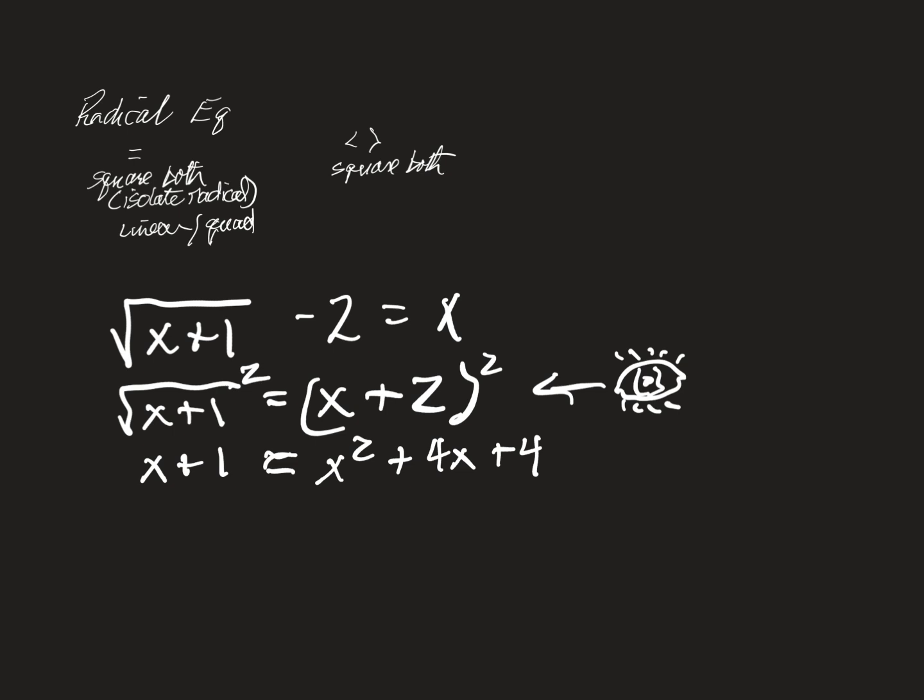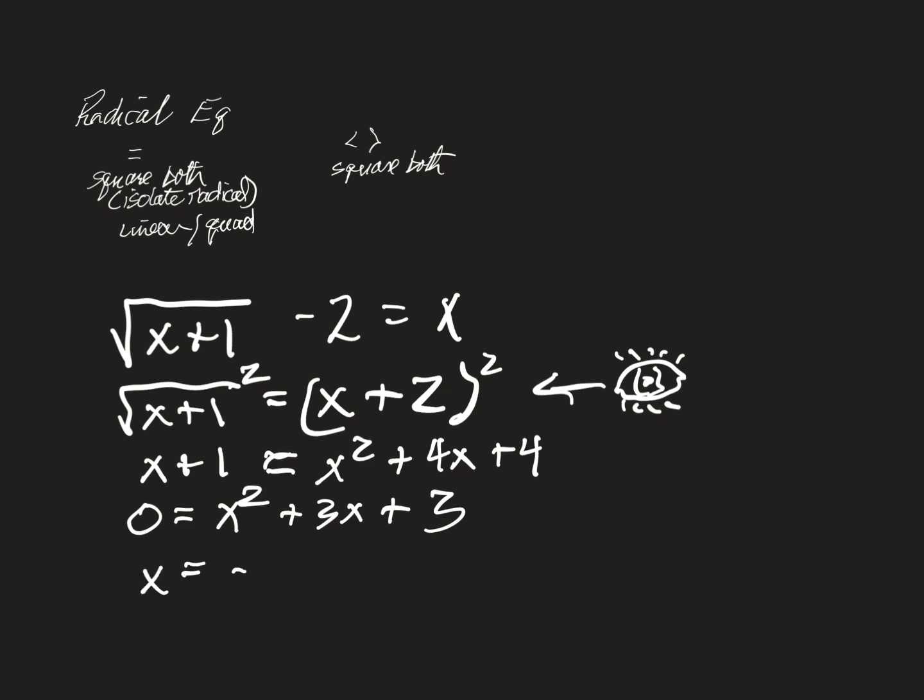And then now we can see this is a quadratic, so we set it equal to 0, x squared plus 3x, subtracting x from both sides, subtracting 1. And then now we have this quadratic. This one does not factor, so I would need to use the quadratic formula.